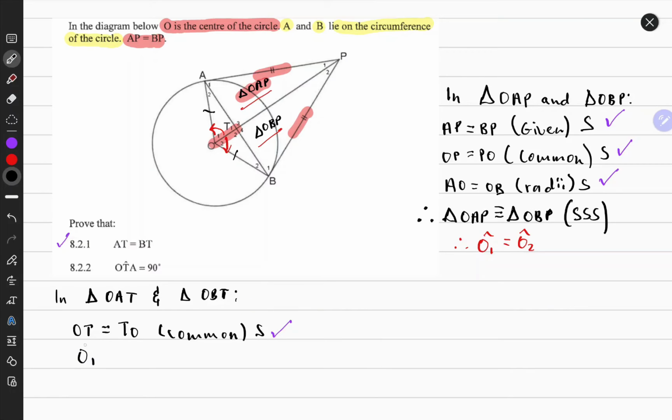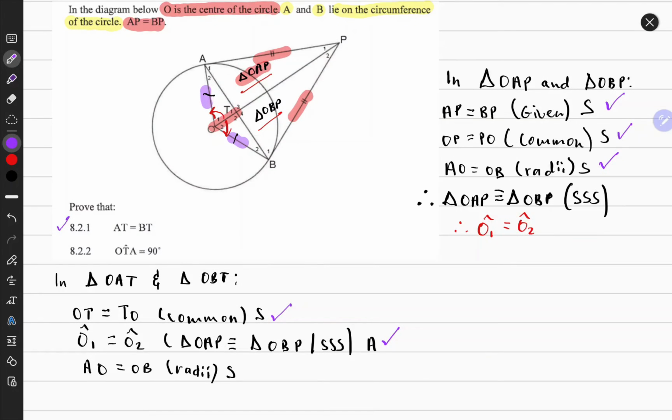Also, angle O1 is equal to O2 because we saw that with congruency of the bigger triangles. So now we have a pair of corresponding angles. And of course, side AO and side OB are equal in length because of radii, so it's worth noting that as well. So that's another pair of corresponding sides.